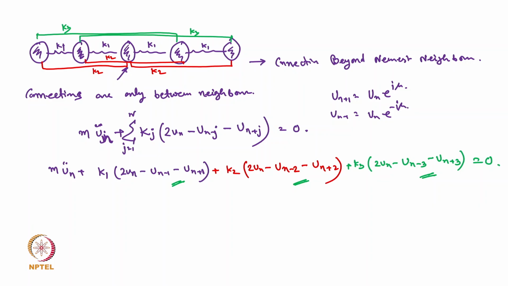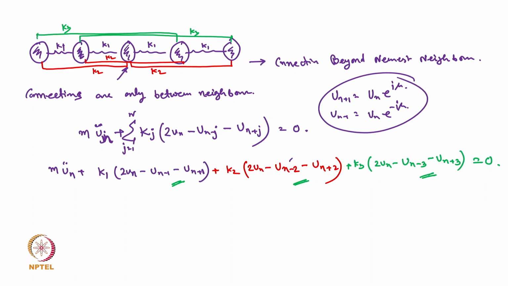But here it will be a little more difficult, because now you have un plus 2, un minus 2, un plus 3, un minus 3. Whatever order of connections exist, that level of Bloch theorem has to be implemented in the same equation of motion. That's quite challenging and quite different from what we have done to date. So this type of simplified Bloch theorem will not work here.